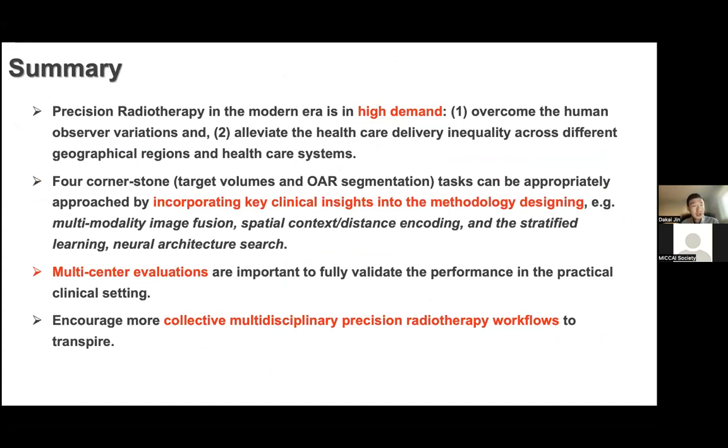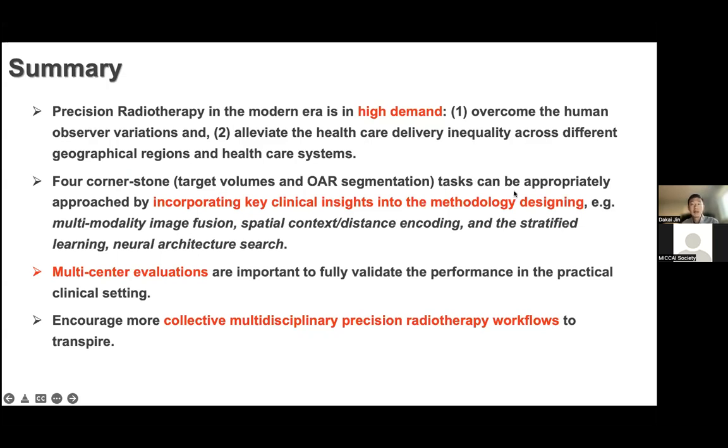A brief summary. Precise radiotherapy in the modern era is in high demand because of the rapid growth of the aging population. Right now, how to overcome human observer variations and alleviate healthcare delivery inequalities is important. In this talk, the 4 cornerstone problems have been described.